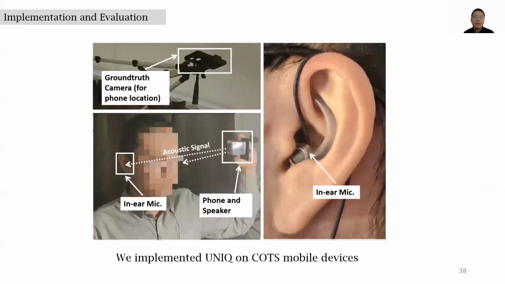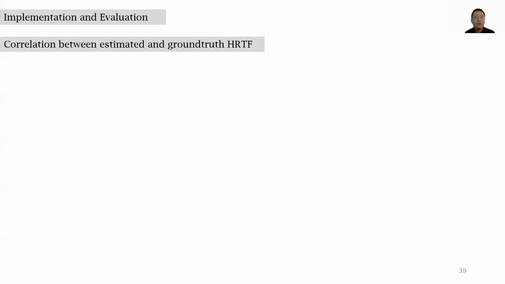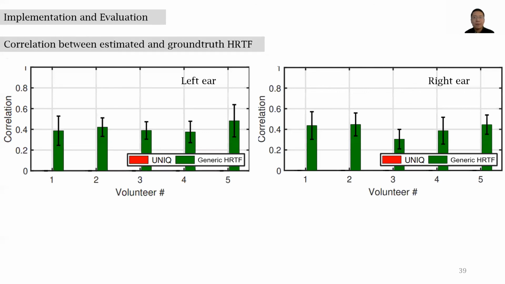We implement Uniq on commercial off-the-shelf mobile devices, including a smartphone, speaker, and in-ear microphone. And we evaluate the correlation between the estimated and ground truth HRTF. Let me first show the baseline result. This is the correlation between the generic HRTF and the ground truth HRTF.